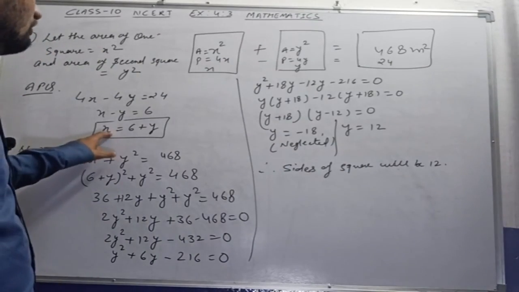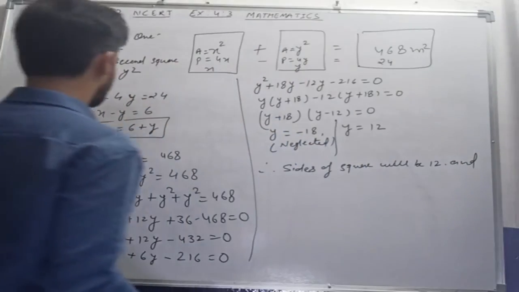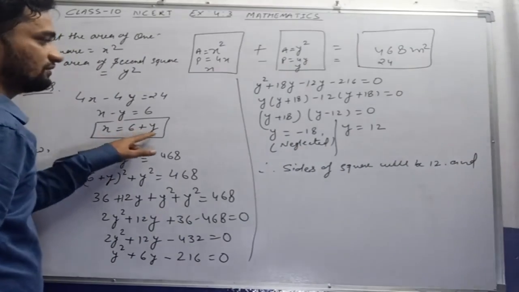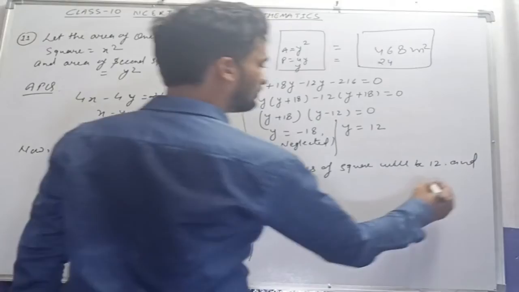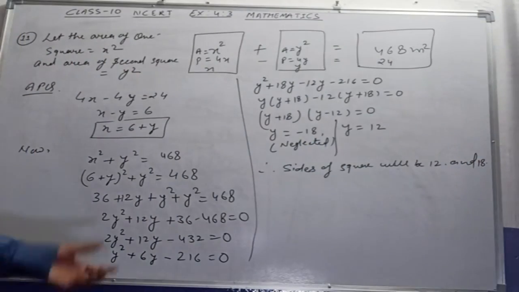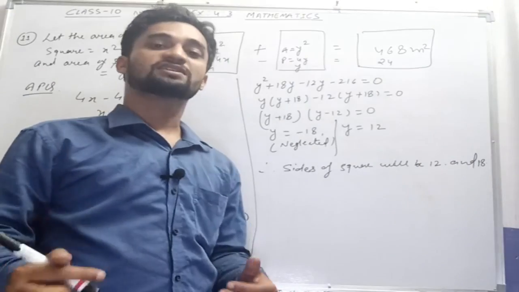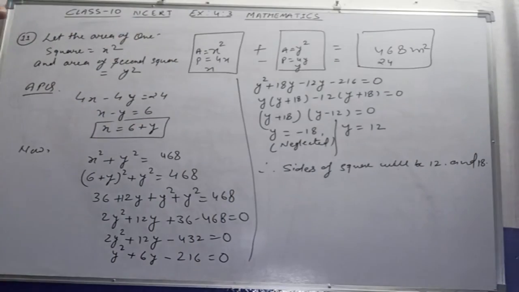And x is 6 plus y. 6 plus the value of y, which is 12, gives 18. So one square is of 12 meter and the other square is of 18 meter, meaning its sides should be 12 and 18. Thank you.